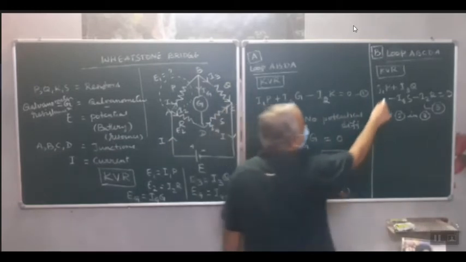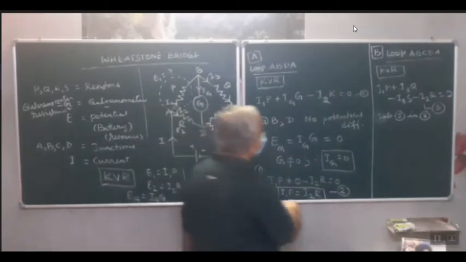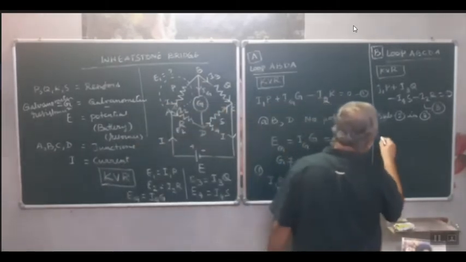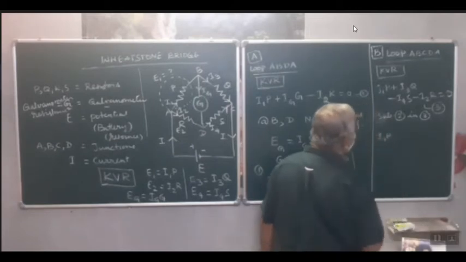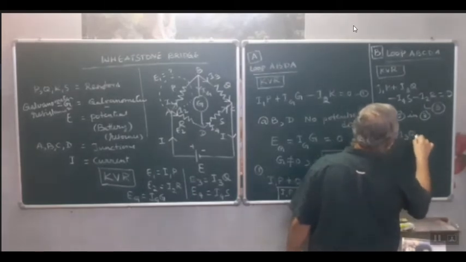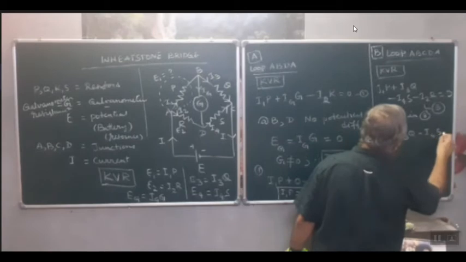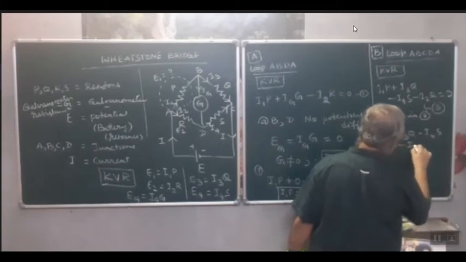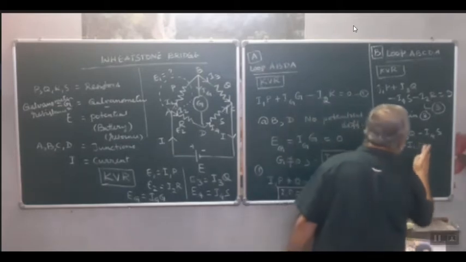Let us substitute equation 2 in equation 3. So the I1P can be replaced. Instead of I1P, you can take I2R, so that I1P can be cancelled.